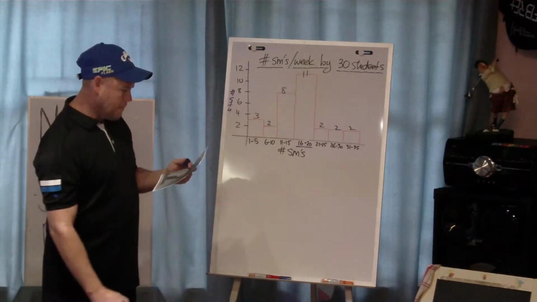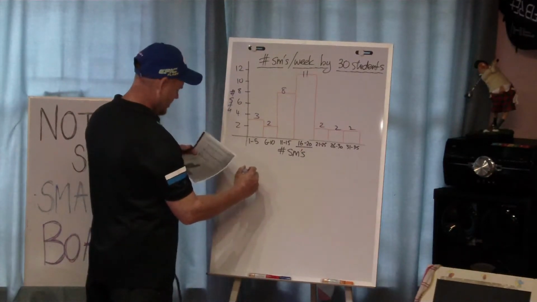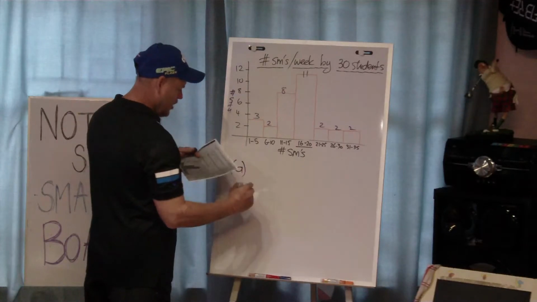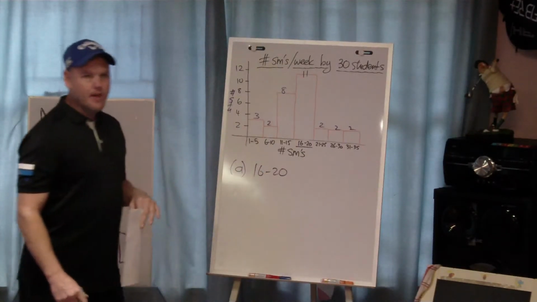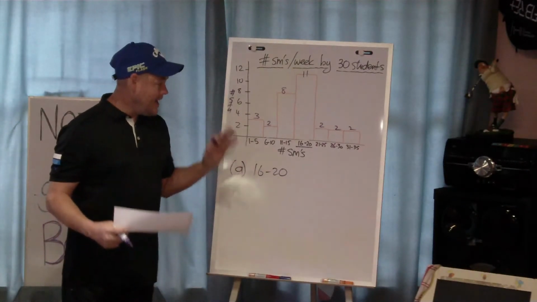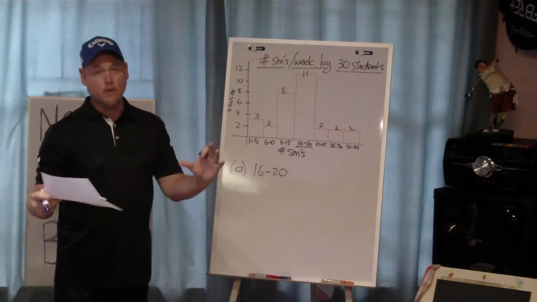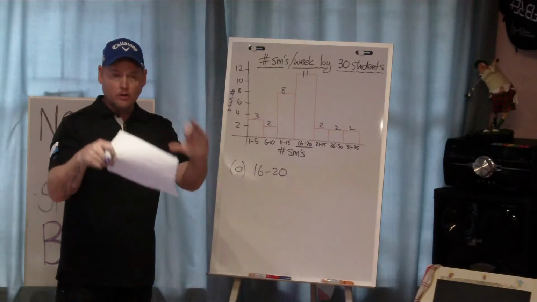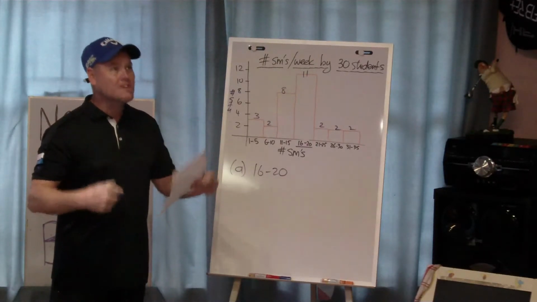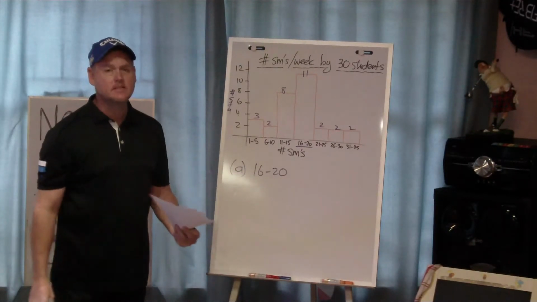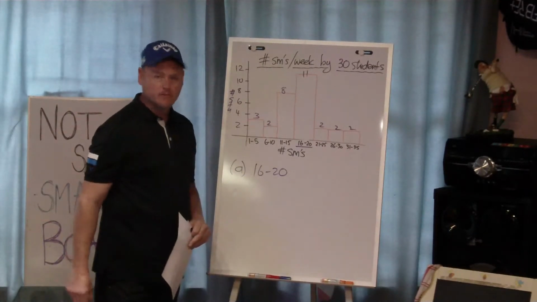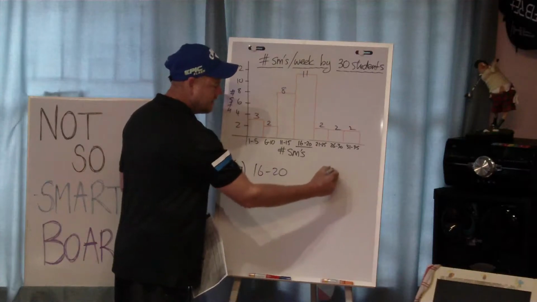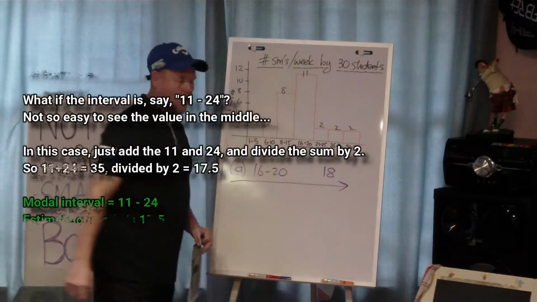So the modal interval, this is A by the way, will be the 16 to 20. If they ask you to estimate the actual value of the mode, in other words, what was the most common number of SMSs sent per week, we just go directly in the middle of the interval, which is 18. So there's the answer for A.